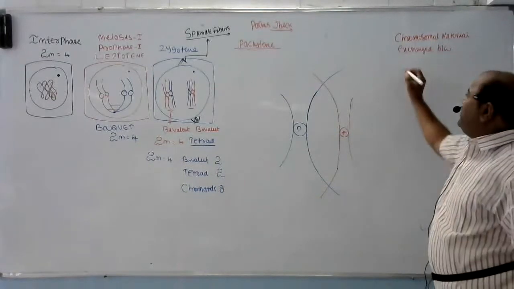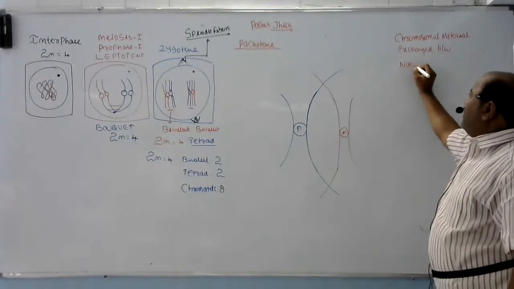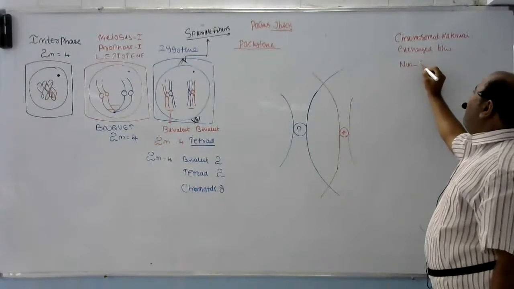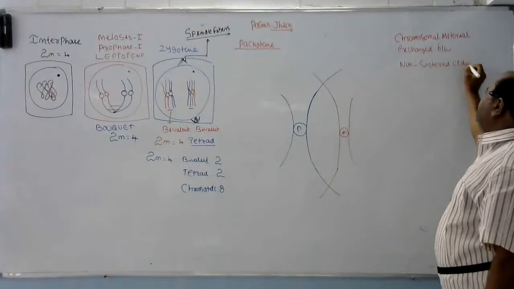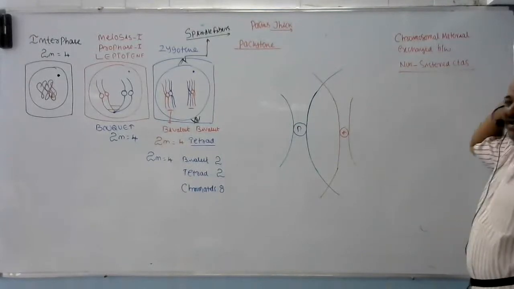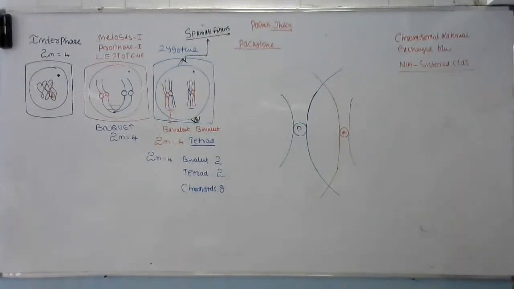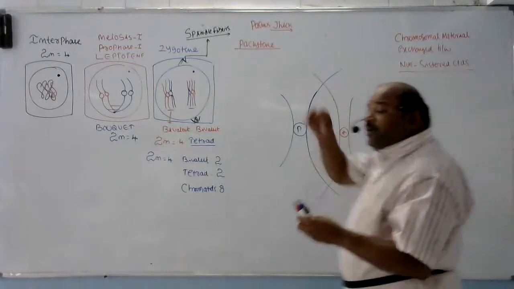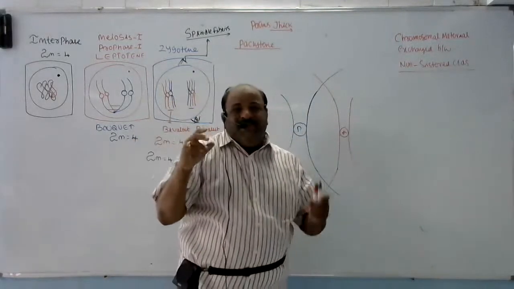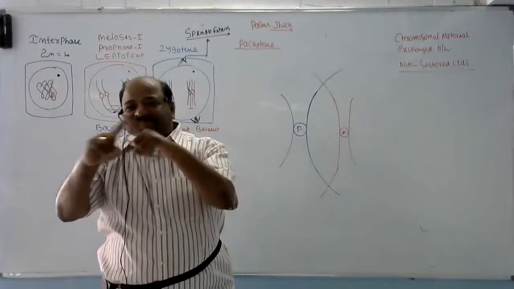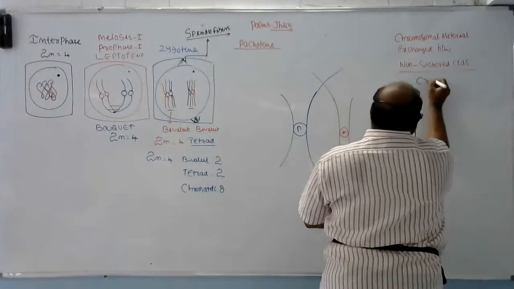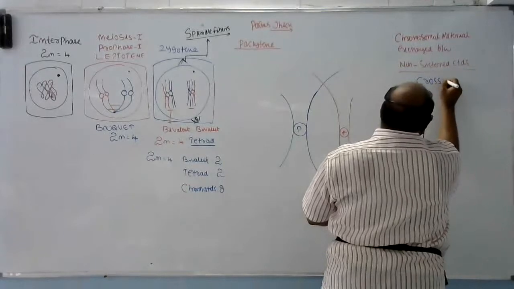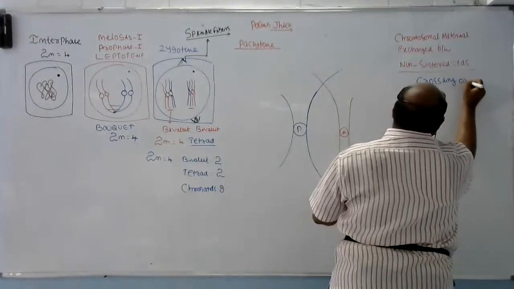But it happens between non-sister chromatids. That you have to remember. During that process, when the two chromatids are crossed, the process is called crossing over.